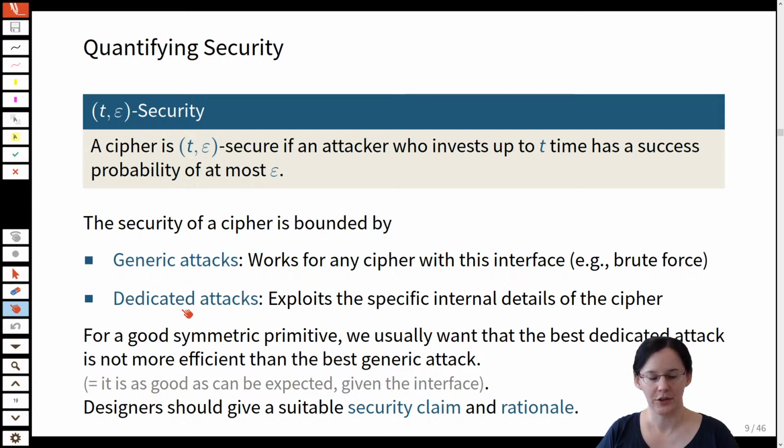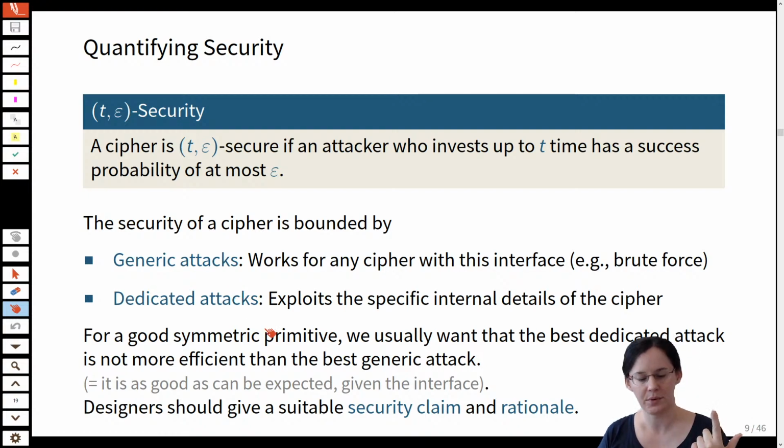So what we want to make sure is that the internals are strong enough that any attack that exploits the internals is not cheaper than the cheapest generic attack. And what a cipher designer is usually expected to do is when they come up with a new cipher, they're supposed to first explain that the generic security is good, which is usually very easy.